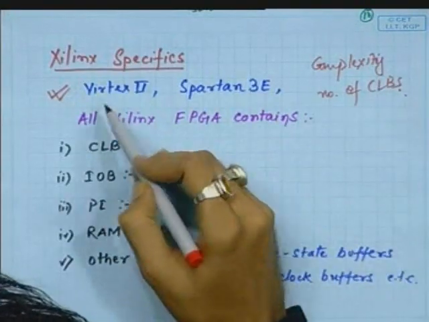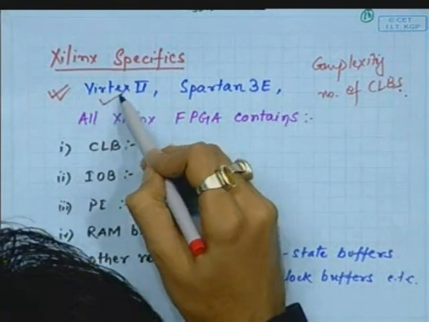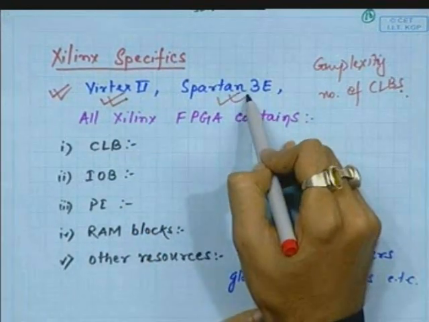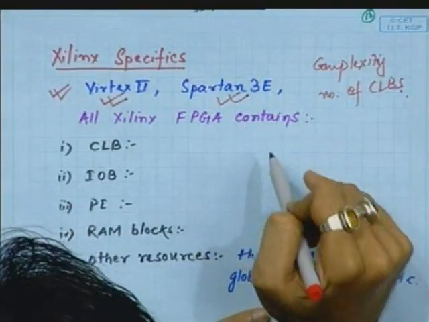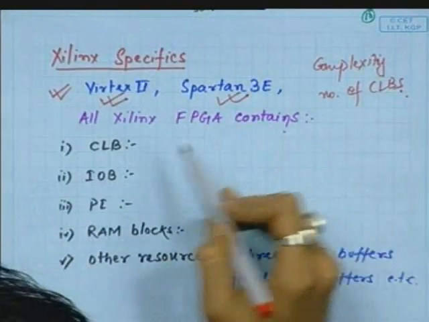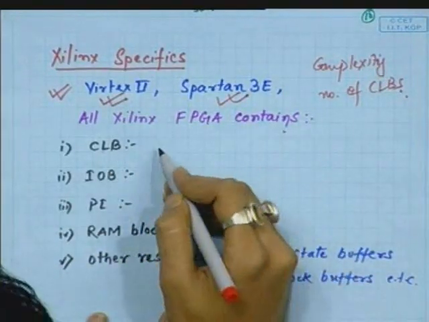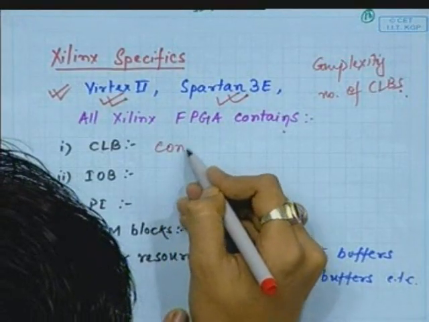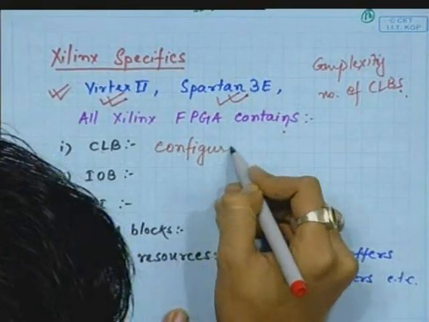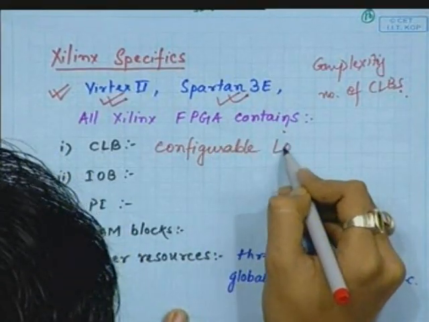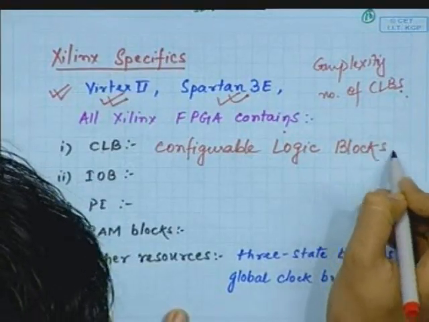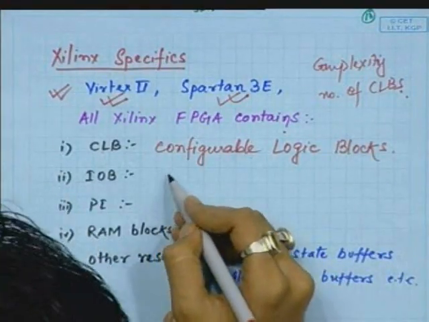We have the Virtex 2 FPGA and the Spartan 3 FPGA, but at the base all the FPGAs contain CLBs. CLB stands for configurable logic blocks. There are some IOBs.